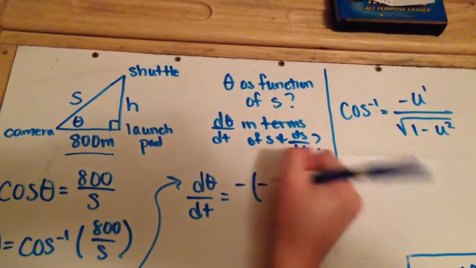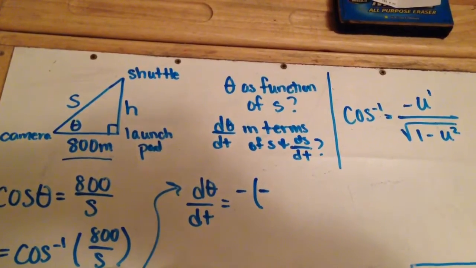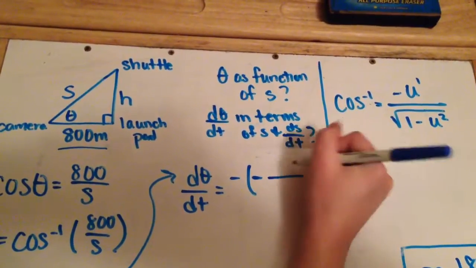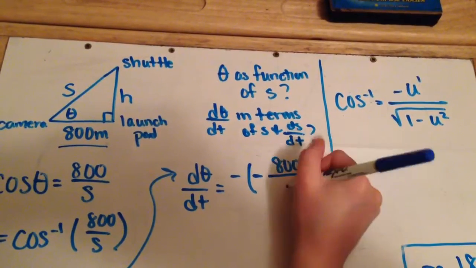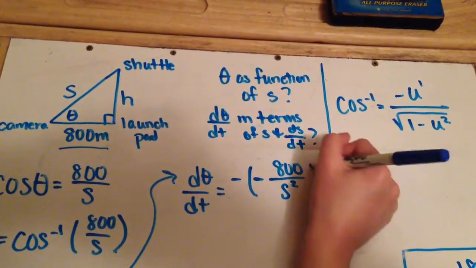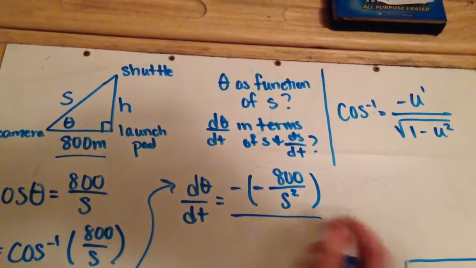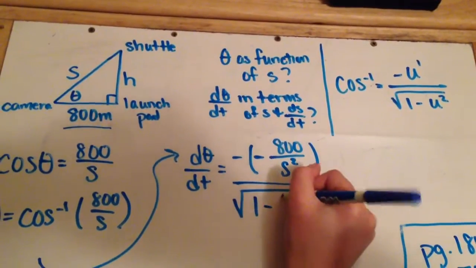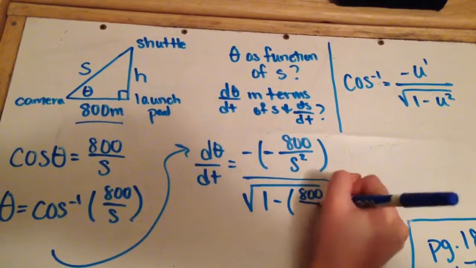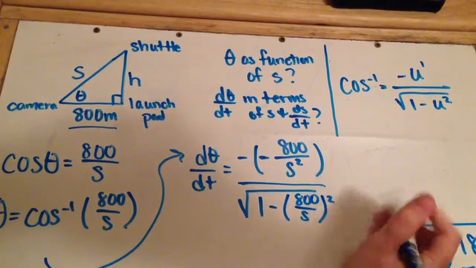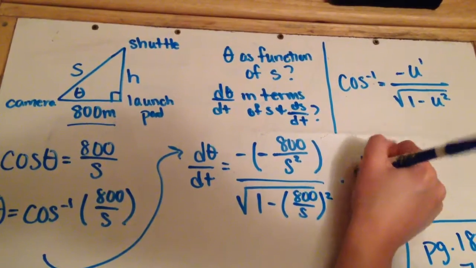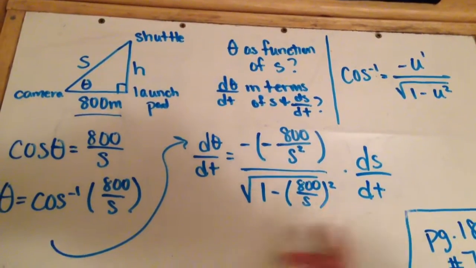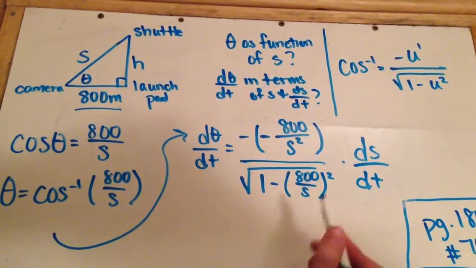The shortcut for a fraction with a variable in the denominator is change the sign, the top stays the same, add 1 to the exponent, all over the square root of 1 minus u squared. So 800 over s squared. But you have to kick out the implicit, which is ds dt, because there are two variables, theta and s.